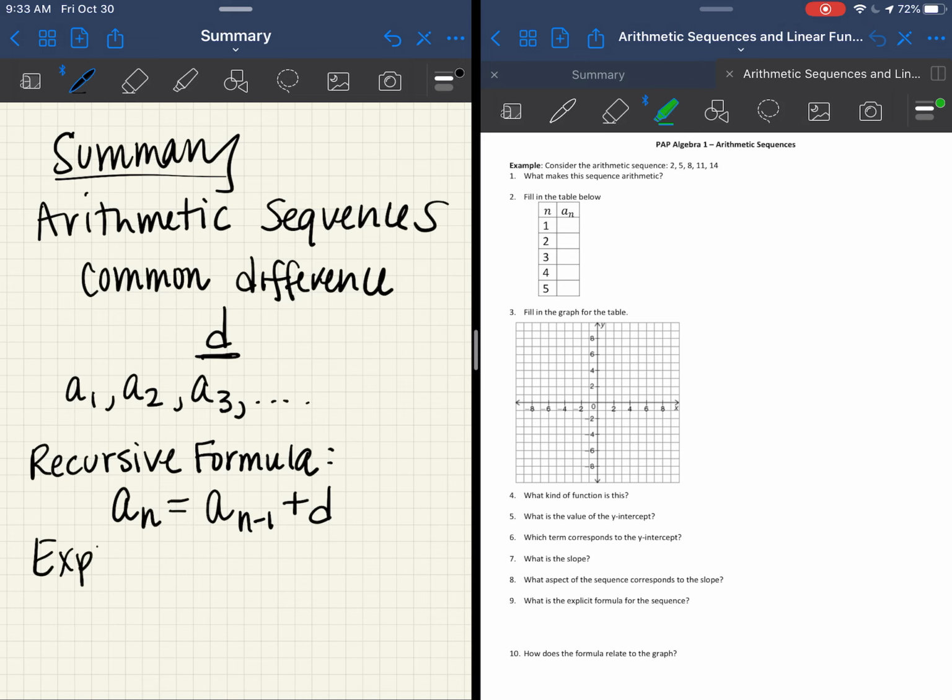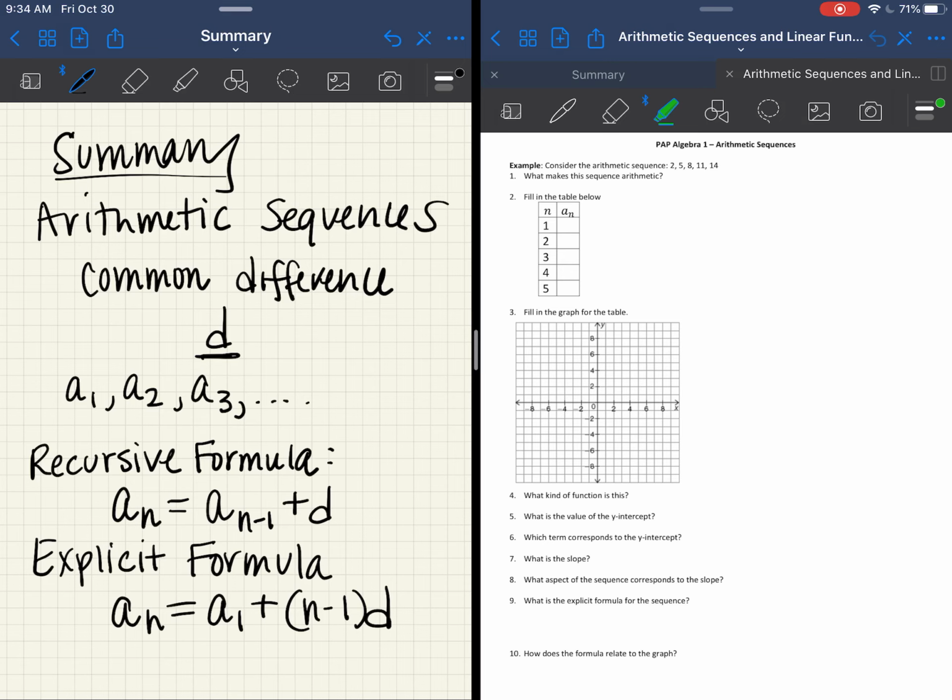Okay, we also have an explicit formula, which says you can get to the nth term by taking your first term and adding n minus 1 times D.